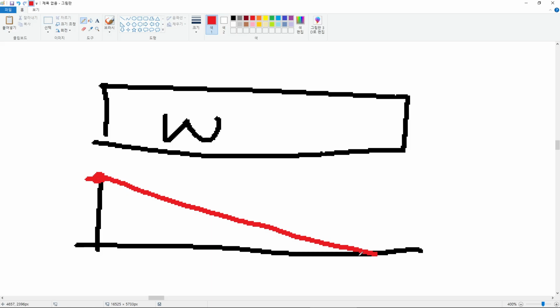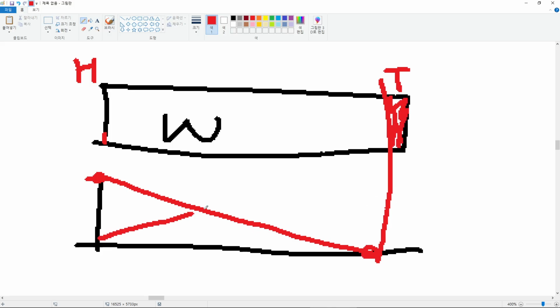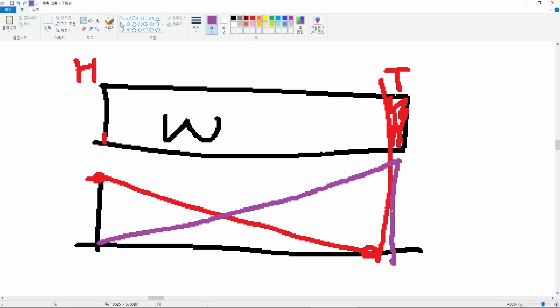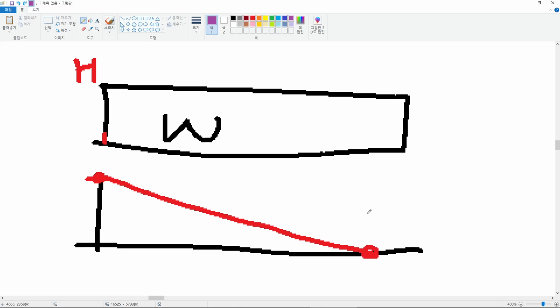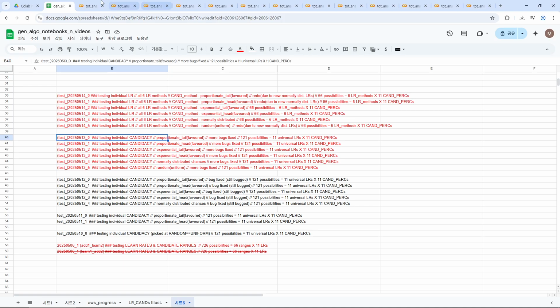Anyway, here all the way down to here. So the head entity is far more likely to be picked than the tail entity. Before it was the other way around. The previous notebook was proportional tail. So just that's the difference here in this notebook.